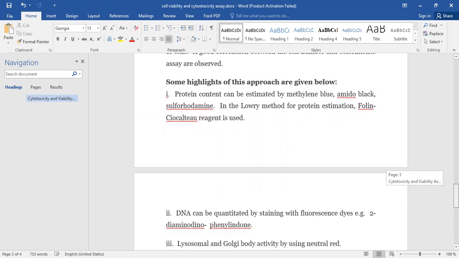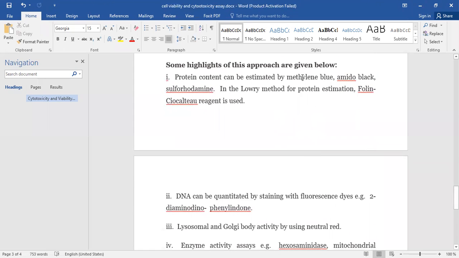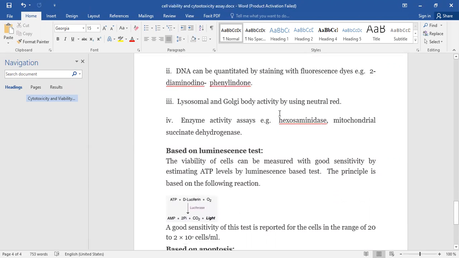Some highlights of this approach are that protein content can be estimated by methylene blue, amido black, and sulforhodamine dyes, and DNA can be quantified by fluorescence studies. Lysosomal and Golgi body activity can be analyzed by neutral red.